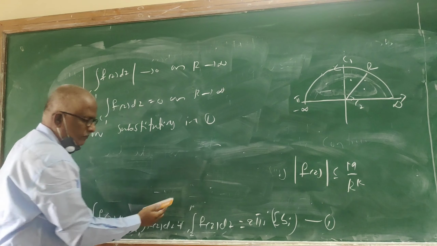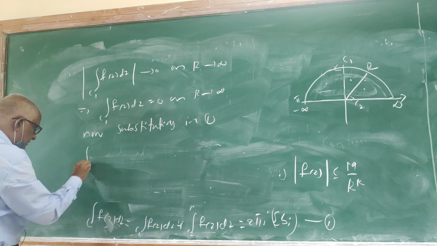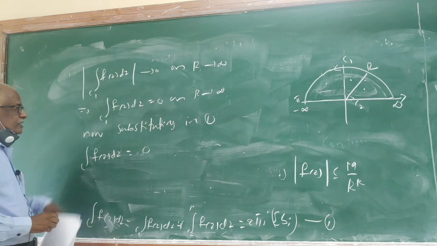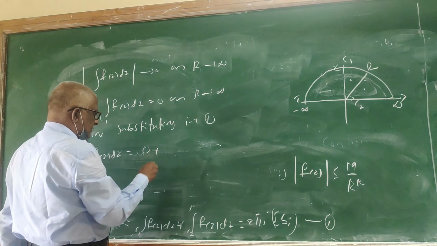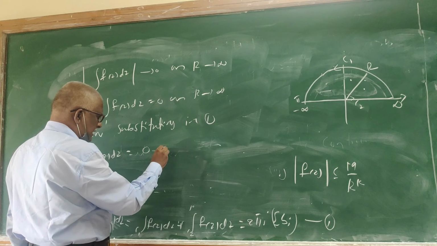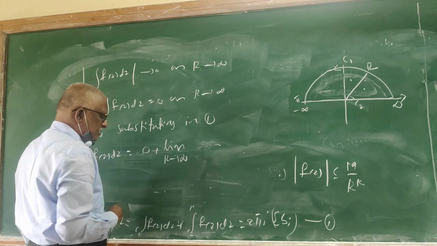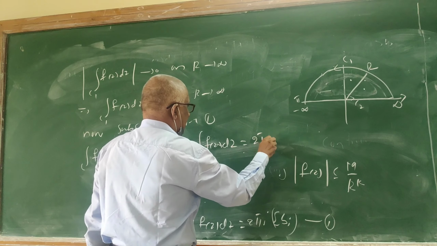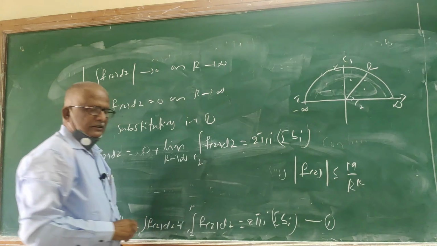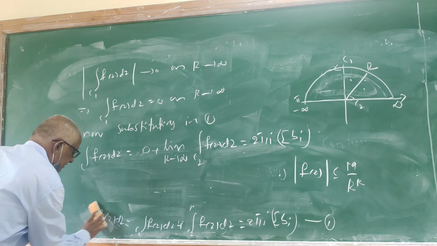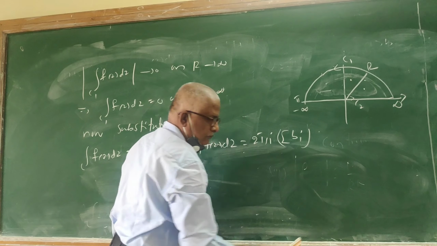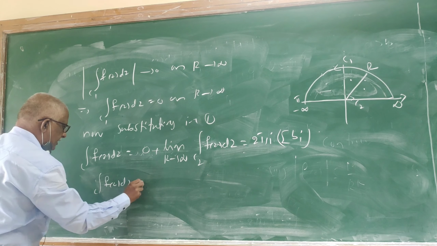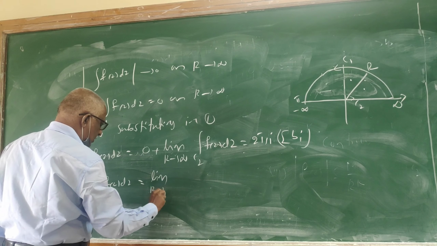Substituting in 1, we have the integral over C of f of z dz is equal to, this is 0, the integral over C1 of f of z dz is equal to 0, first part 0, plus limit as r tends to infinity of the integral over C2 of f of z dz, and each is equal to 2 pi i into sigma, sum of the residues, so that the integral over C of f of z dz is equal to limit as r tends to infinity of C2.